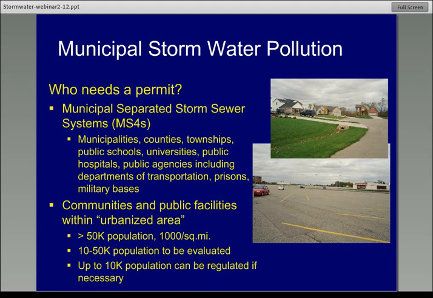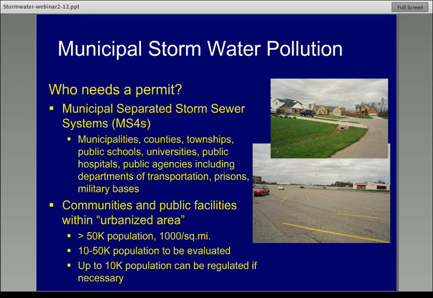The municipal separated storm sewer systems are used synonymously with municipalities, but it does include counties and townships. This list here also has entities which are often called non-traditional MS4s. They're not just cities, but they are public entities that might have their own separated storm sewer system that might either come into a city's system, or it might discharge on its own.